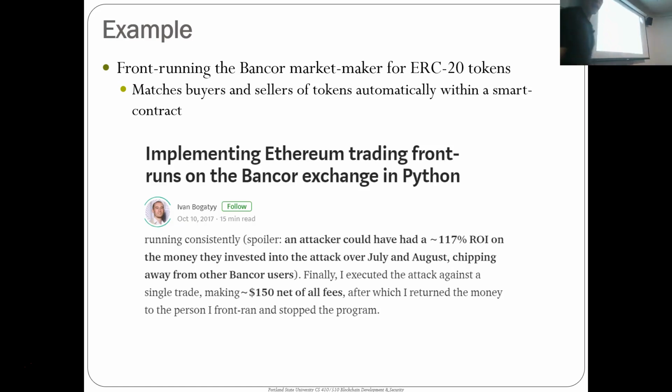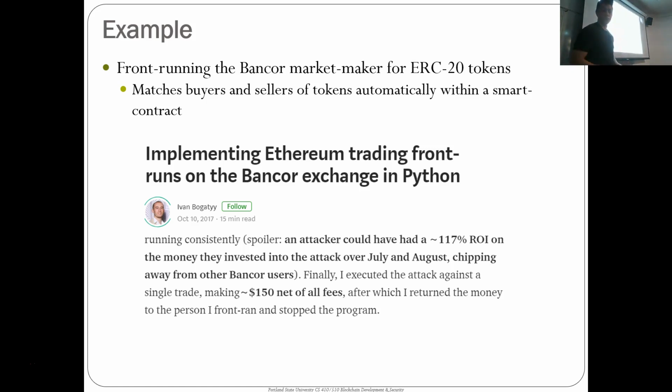Okay, so here's an actual example. This is a front-running example on the Bancor market maker for ERC20 tokens. So you're buying and selling and trading these tokens, and you have a market maker kind of functionality that's mediated by the smart contract itself. People are putting up sell orders, people are putting up buy orders, and the smart contract is intended to mediate this fairly.